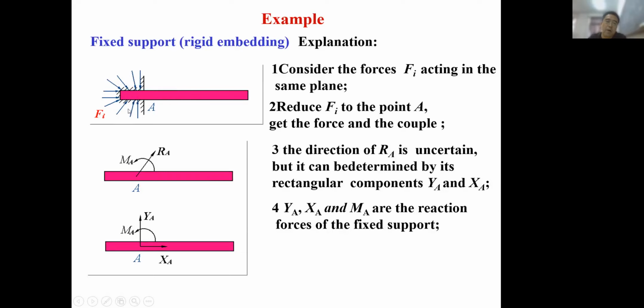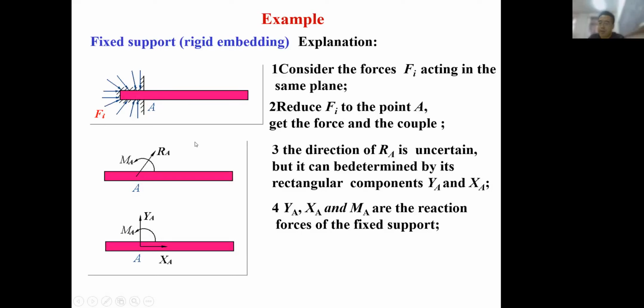All these forces constitute a general force system in a plane. A force system in a plane is a special case of a force system in space, so we can use the same principle. We can reduce Fi to point A, and get a force and a couple.